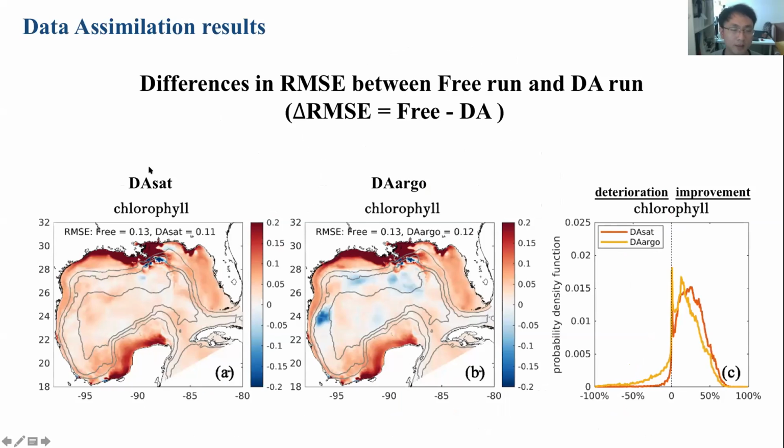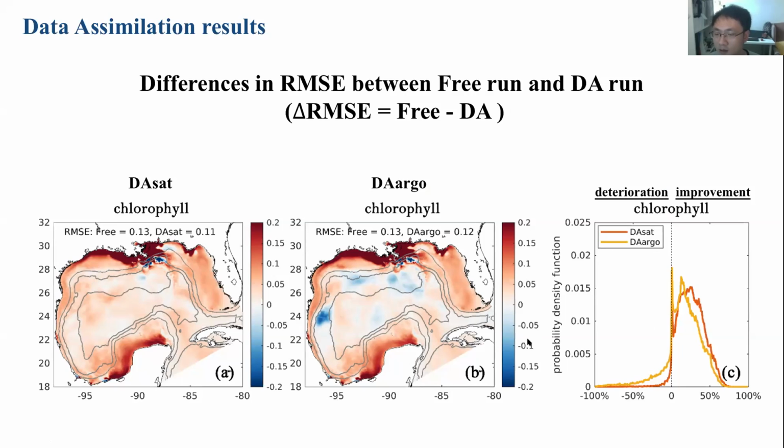Well, this is a similar figure, but for the surface chlorophyll. Assimilating the satellite data can also improve the surface chlorophyll almost everywhere in our model domain. But in the DARGO run, when assimilating the ARGO profiles of temperature and salinity, it yields lower reductions in the root mean square error and even more deteriorations in the surface chlorophyll, which can be seen from the blue regions in this figure, and also from the histogram of relative improvement by the data assimilation.